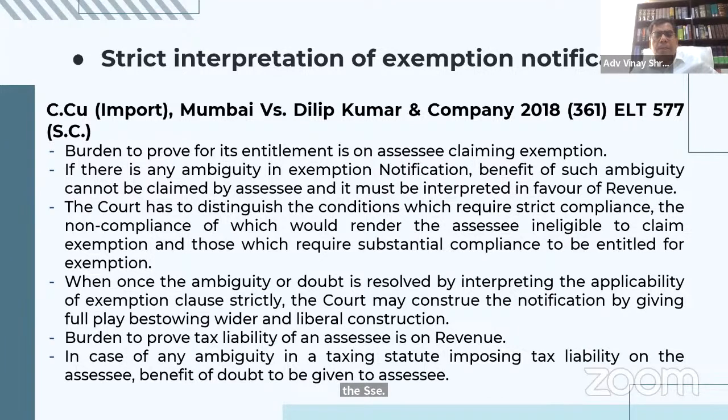So the principle is that in the case of liability to pay tax, if there is any ambiguity in the taxing statute, then the benefit of doubt goes to the assessee.